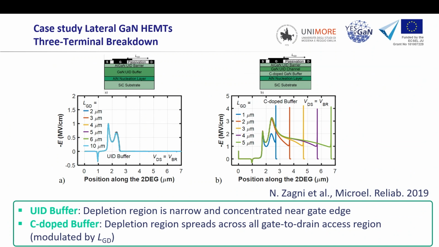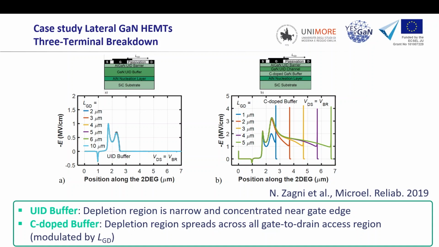And what you will achieve is that you will be able to effectively modulate the electric field beneath the gate drain region. And by increasing the LGD, you will see your depletion region expanding. So this is the reason why the breakdown will increase with the spacing between the gate and the drain.